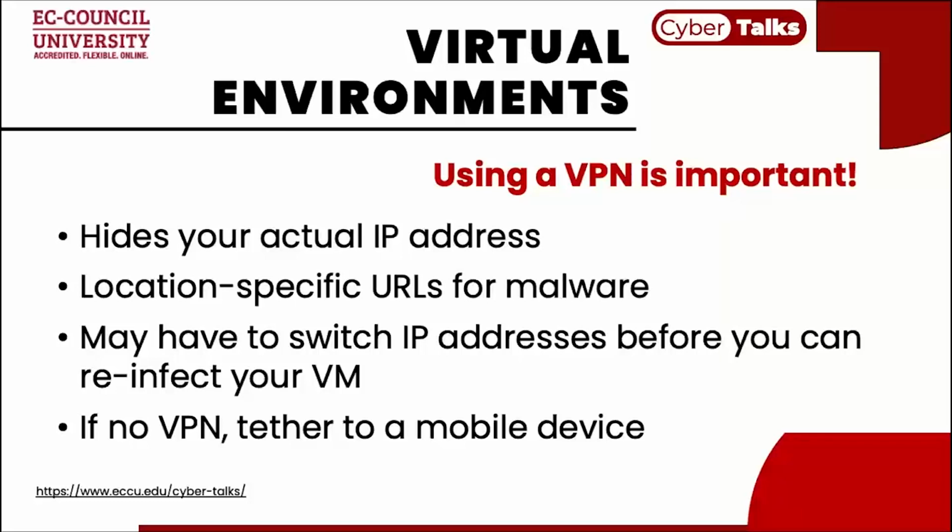And if you don't have a VPN, I would suggest that you tether through a mobile device if you can. Now, with tethering through a mobile device, usually you only have a certain amount of bandwidth you can use per month for tethering. Also, the connection tends to be slower.